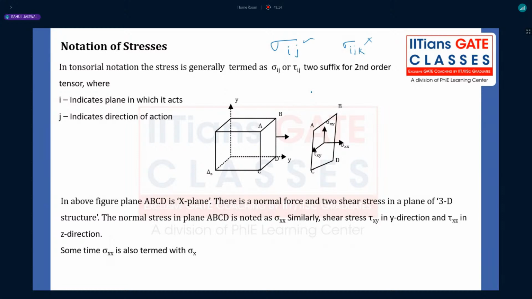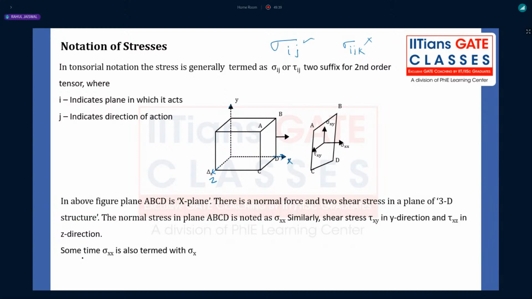Now, let's focus your attention on this cubical body. This direction is the Z direction, this direction is the X direction, and this particular direction will be the Y direction.